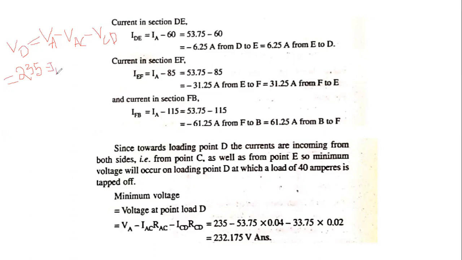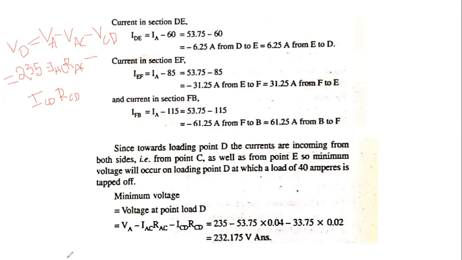VAC is equal to IAC into RAC. VCD is equal to ICD into RCD.